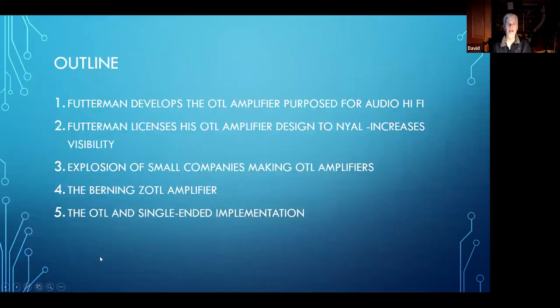So anyway, here's the outline of my talk. Futterman develops the output transformerless amplifier purposed for audio hi-fi. Then I'm going to talk about Futterman licensing his OTL amplifier to New York Audio Labs. And this increased visibility tremendously. There was an explosion of small companies making OTL amplifiers.